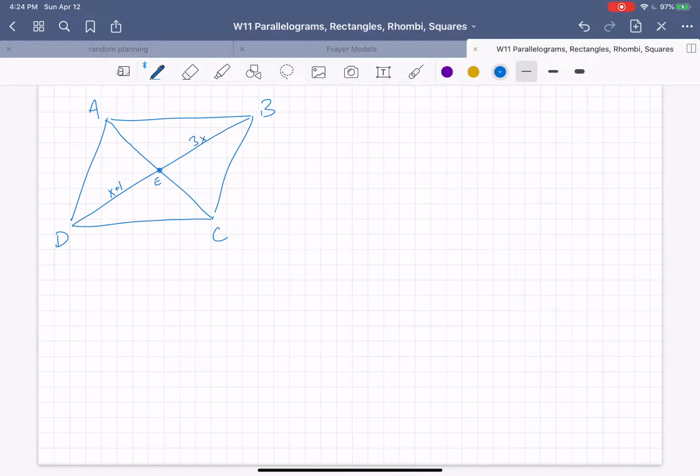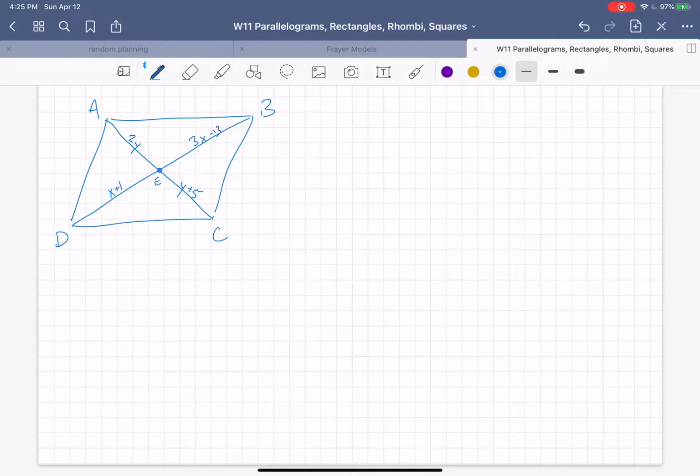EB is 3x minus 13. We know AE is 2y, and EC is y plus 5. So we have both diagonals drawn. The only property that talks about both diagonals is the fact that they bisect each other, which, if we remember, means they're perfectly cut in half, and halves are equal to each other.